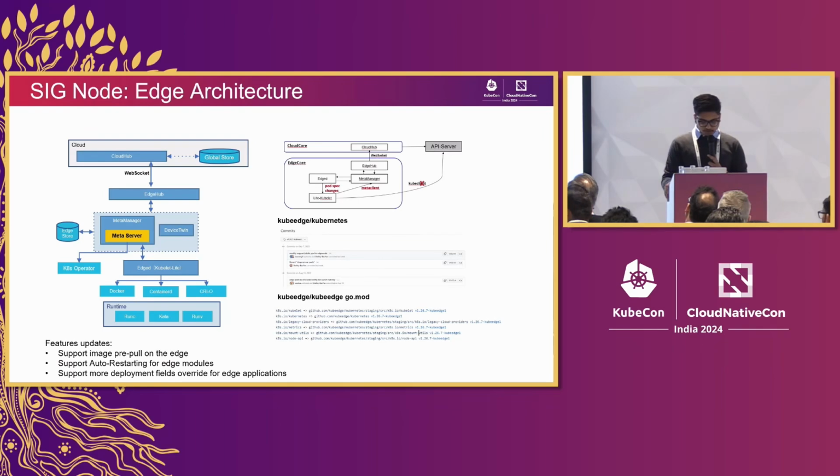This is good for reliability, because anytime we can choose to automatically restart these edge components. And then there is support for more device overrides. Basically, this improves flexibility so that deployments can be specific to the edge environment.